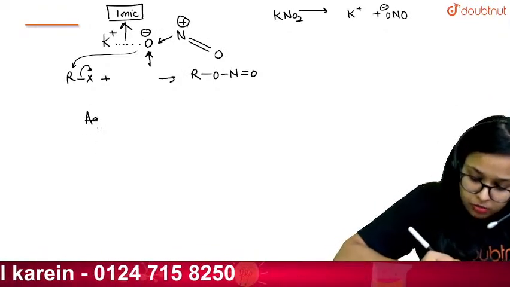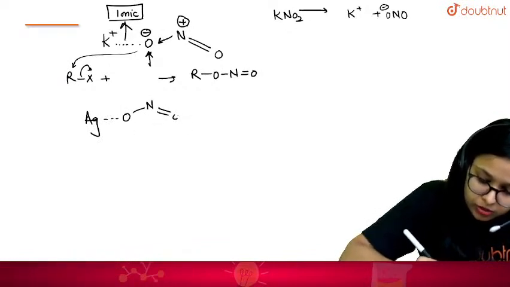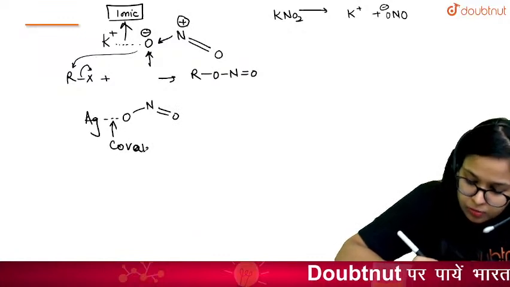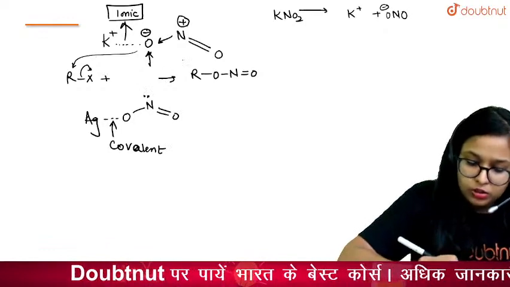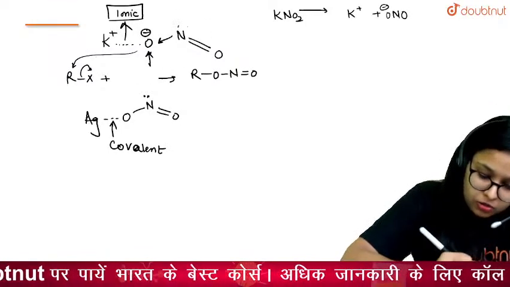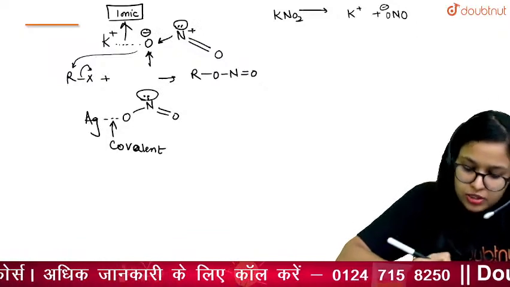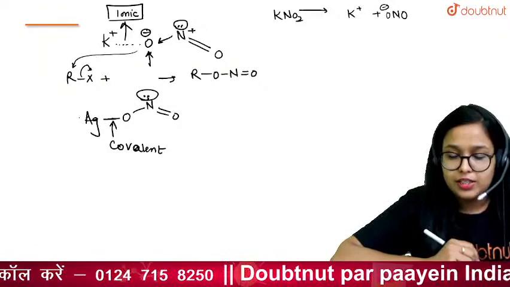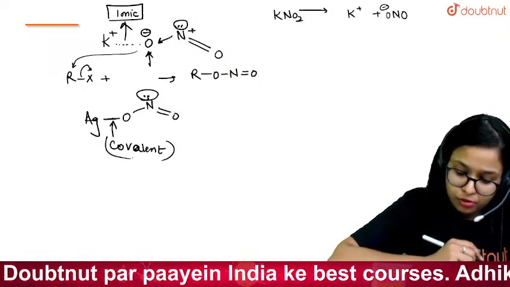Whereas if I talk about AgONO, the bond here is your covalent bond. Since covalent bonds are strong, it is not able to donate. Nitrogen has one lone pair, and it cannot be broken easily because silver and oxygen have a covalent bond.